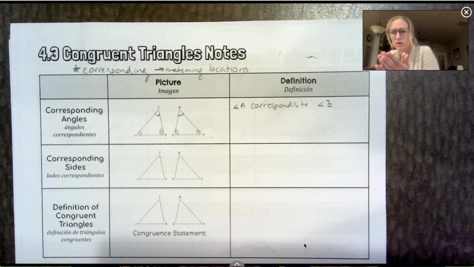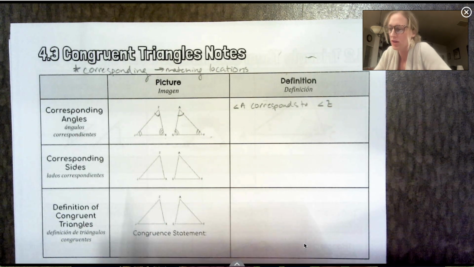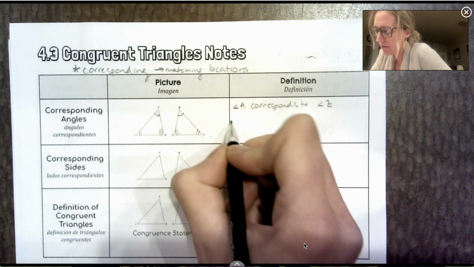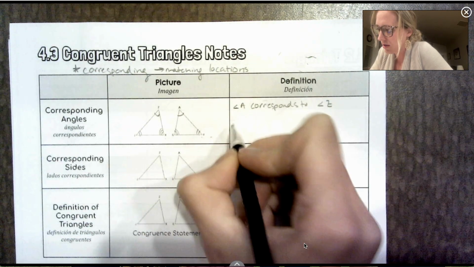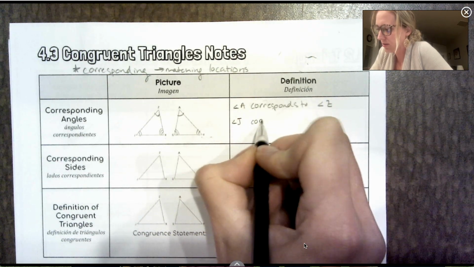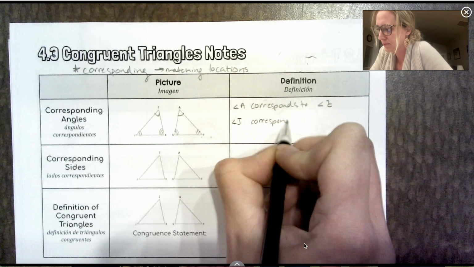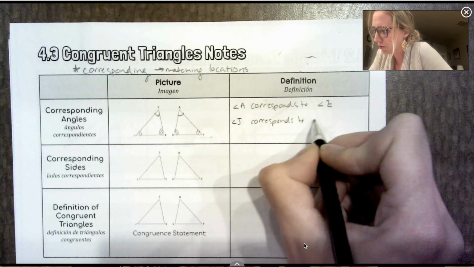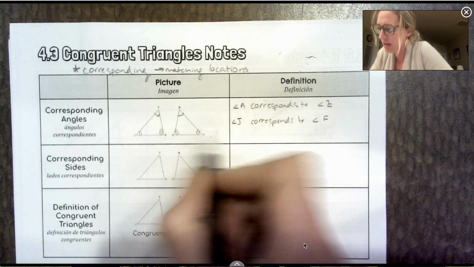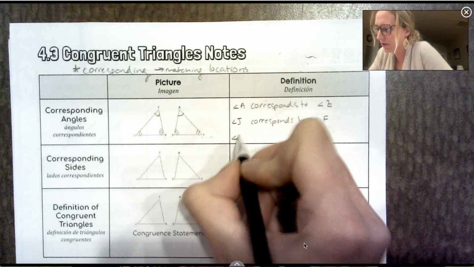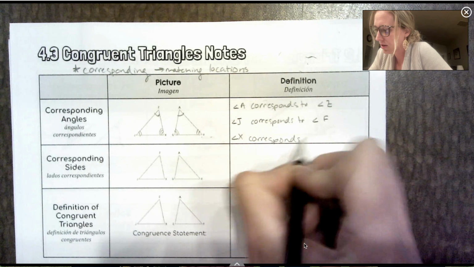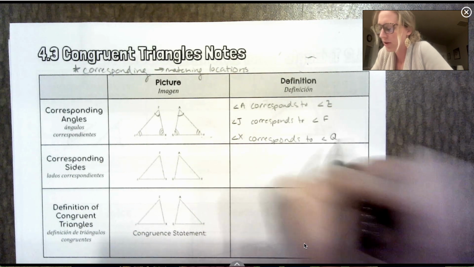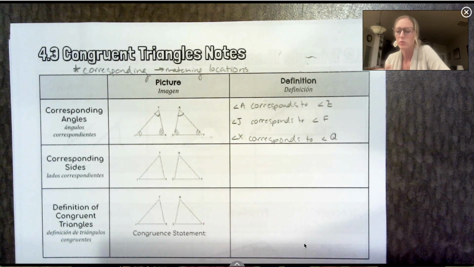Like if I flipped one, A would land on top of Z. We can say the same thing with J and F. So angle J corresponds to angle F. And then lastly, X and Q. Angle X corresponds to angle Q.